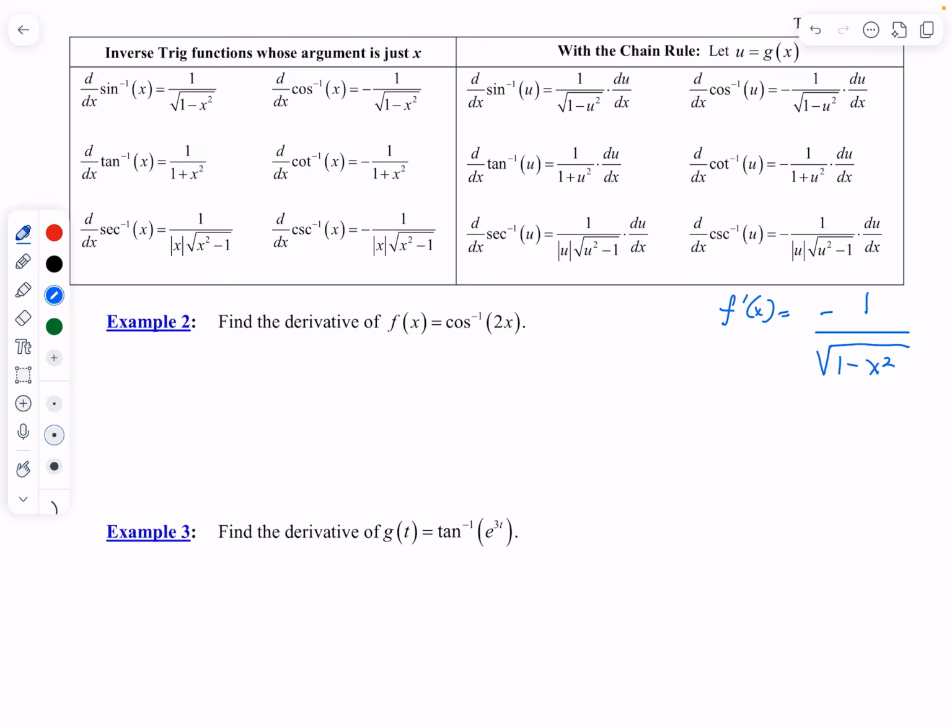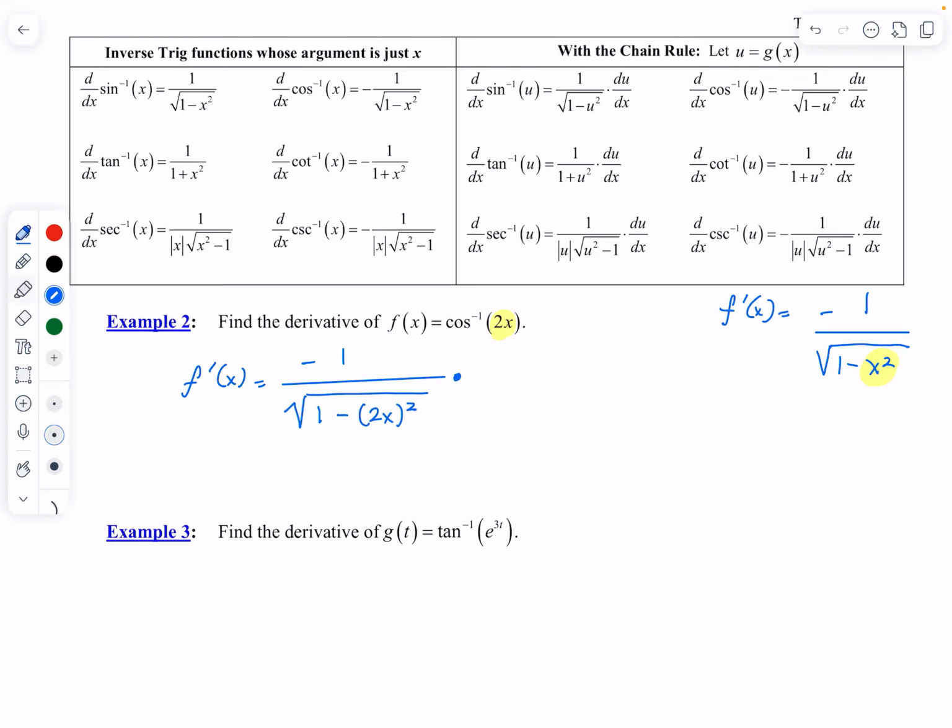And again, we don't have just x, we have 2x. So we're going to have to use the chain rule. So the derivative of the function f at x equals negative 1 over the square root of 1 minus, instead of writing x squared, I'm going to write 2x squared.